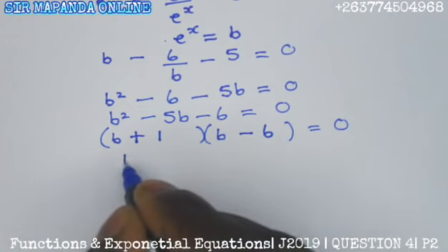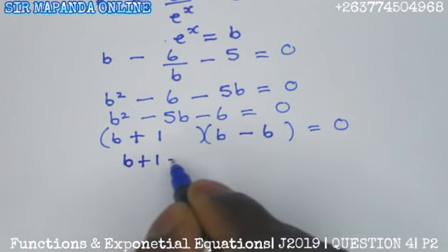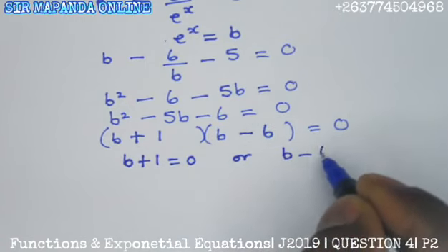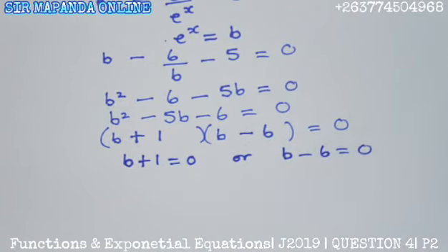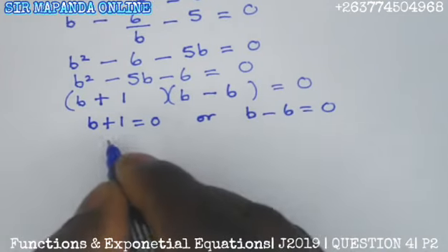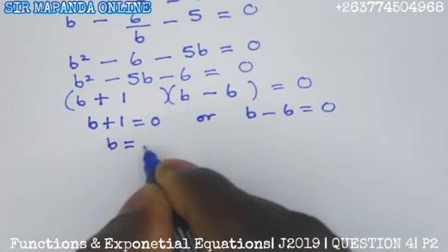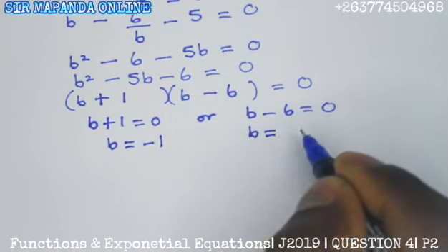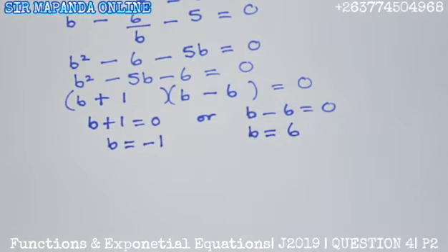So in simple terms, we are saying b plus 1 is equals to 0, or b minus 6 is equals to 0. I hope you are listening. Here you get b is equals to minus 1. Then here you get b is equals to positive 6.